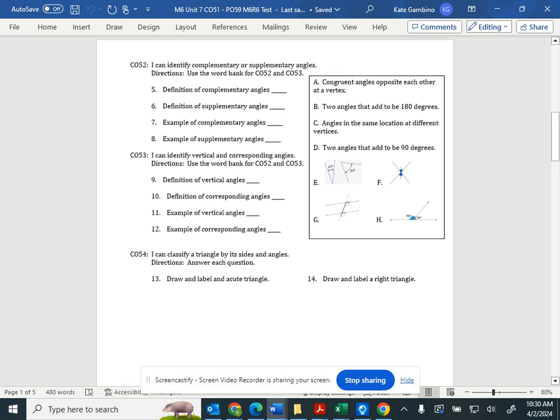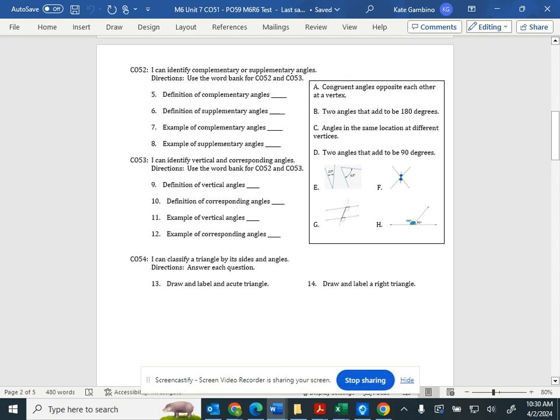Now, for this section, I told us that the top are the definitions and the bottom are the examples that we use for 52 and for 53. So our definitions are going to come from that top section, that's its definitions. So the definition of a complementary angle.